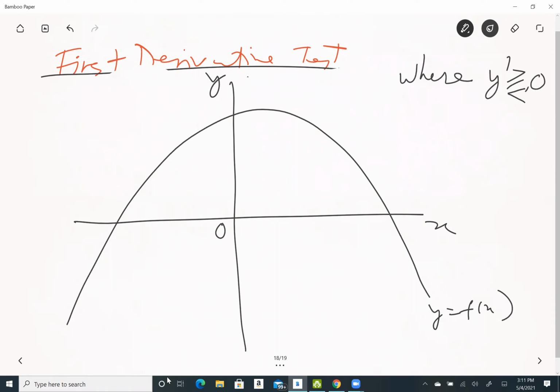So you want to identify the place or the region or the interval for which the y prime is positive, bigger than 0, negative, less than 0, or 0, all right? So let me do that.